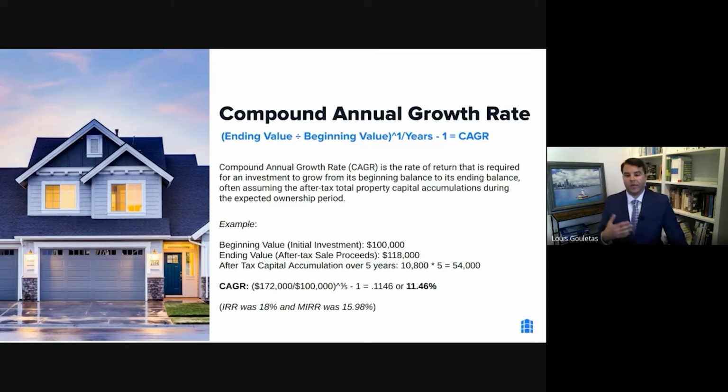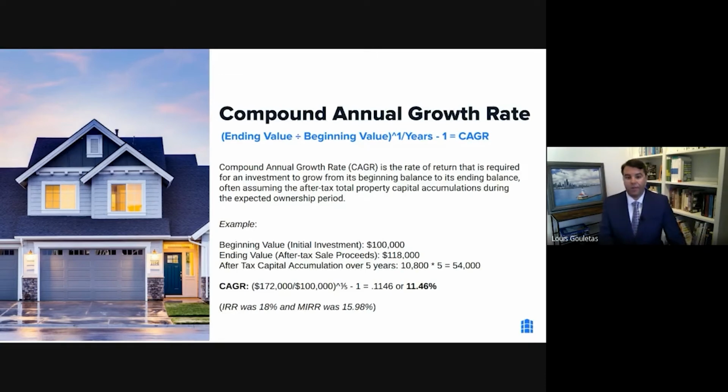And if you're doing a value add, someone is going to demand to be compensated for that risk of fixing up that property, as opposed to a brand new, beautiful grade A building that was just built, which is going to fetch a higher price, which generally means a lower cap rate for the same NOI as this C-class property that you're trying to do a value add to, say, a B-class property, something like that. That's going to have more risk, and someone's going to pay you less for that, for, say, the same amount of cash flow, the NOIs, right? And so that's where we can see some of these differences come in.